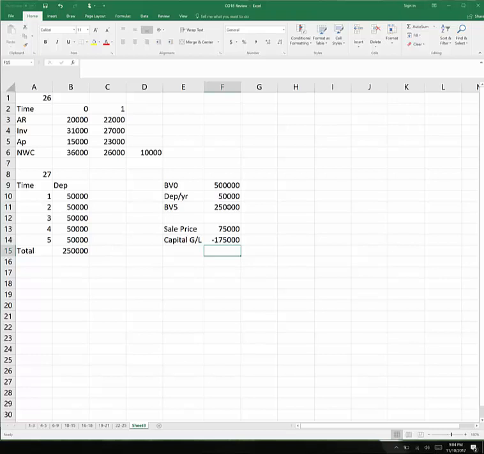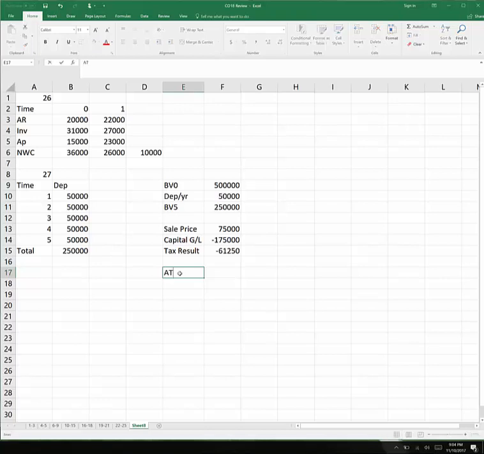The tax rate is 35%. So for the tax implication, we're going to multiply the capital loss by 35%. So we get to reduce our taxes by $61,250.